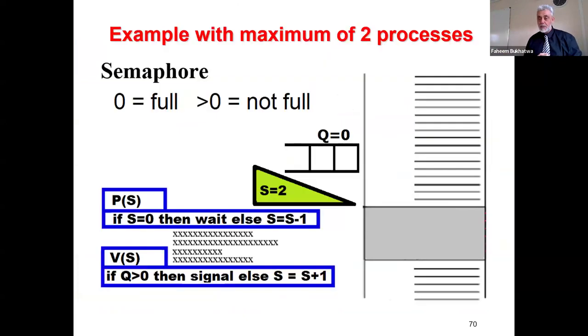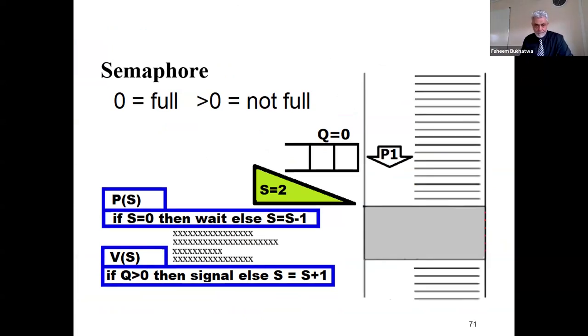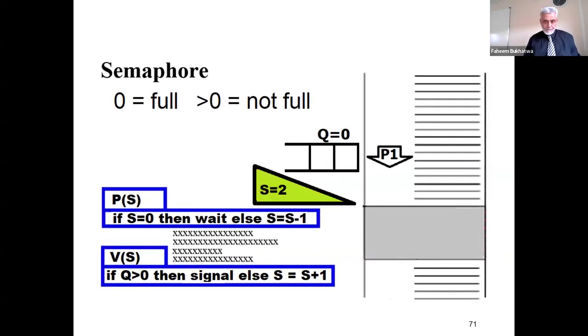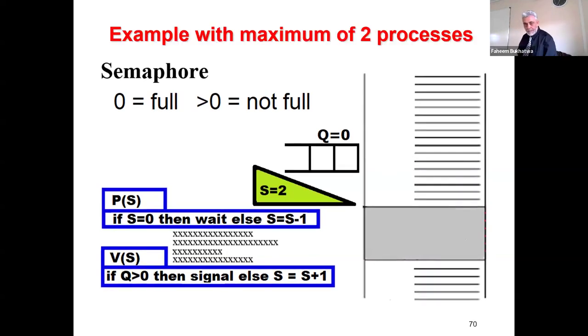So let's see how it actually works. Here it is. This is the idea of a semaphore. We should have started with a number here. Okay, so here's a semaphore. We have a critical section that can allow 2 at any time.